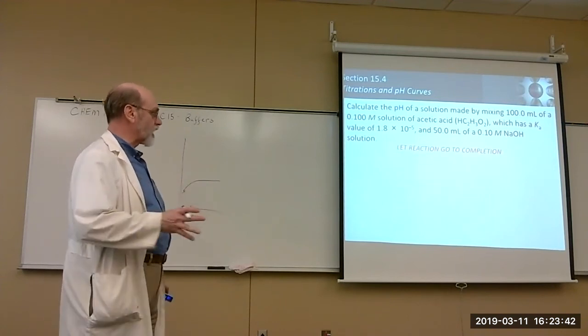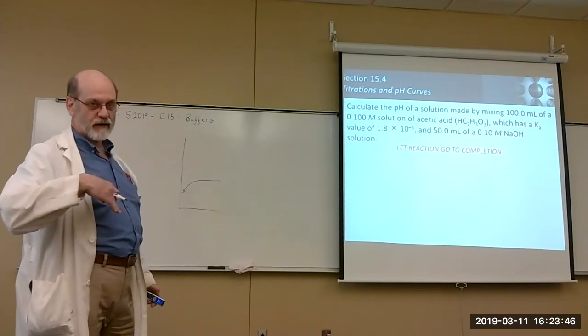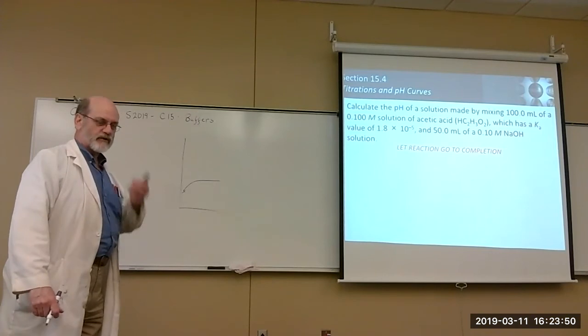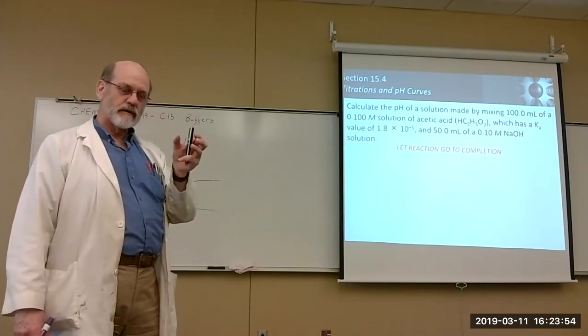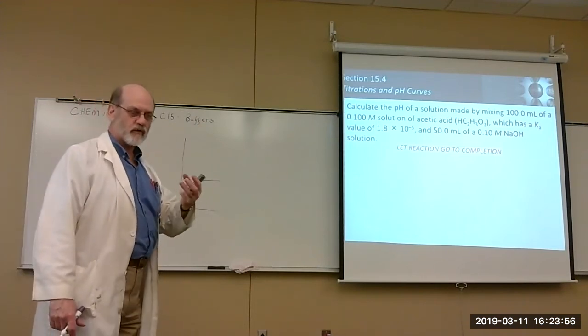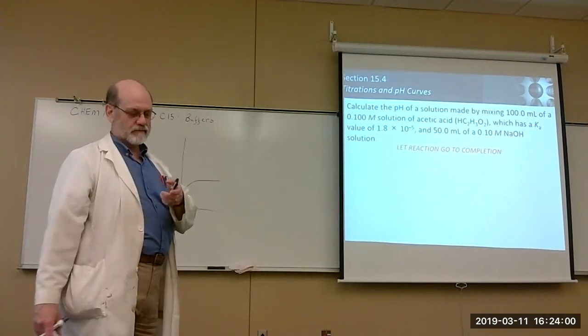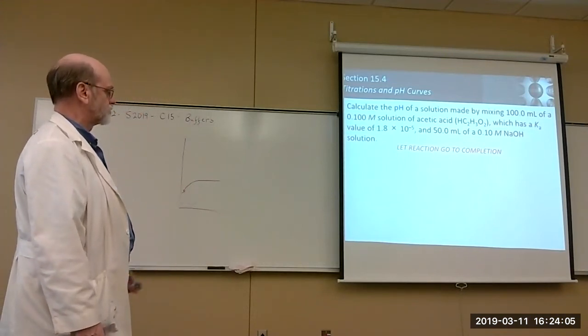Because we're going to do stoichiometry first, let the reaction go to completion, and then walk our way back. So the stoichiometry of the reaction is the one with the Kb, where you add the base. The equilibrium part of the reaction is where you have just the acid that's left over, and you work your way back to the equilibrium situation.